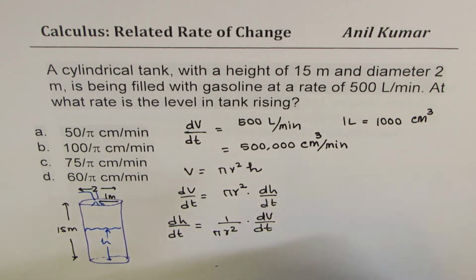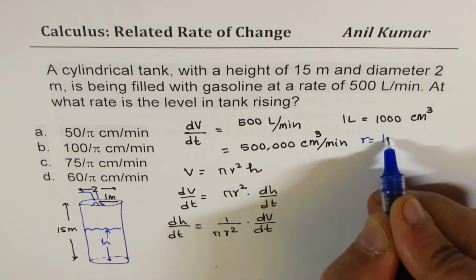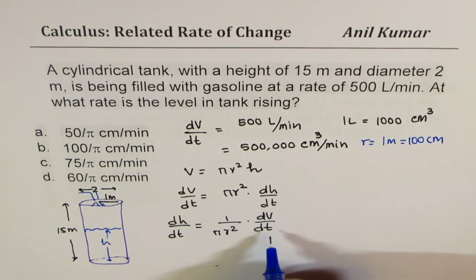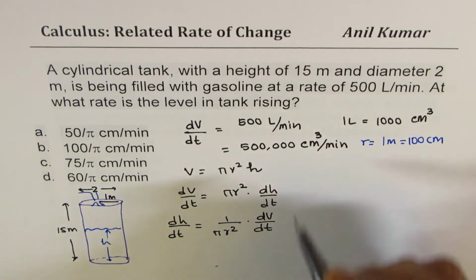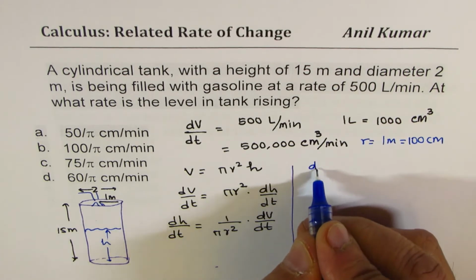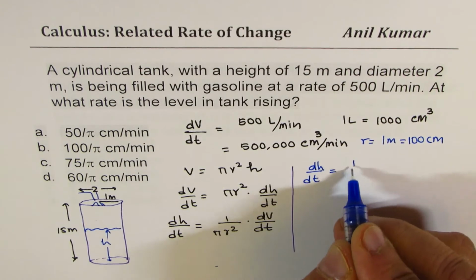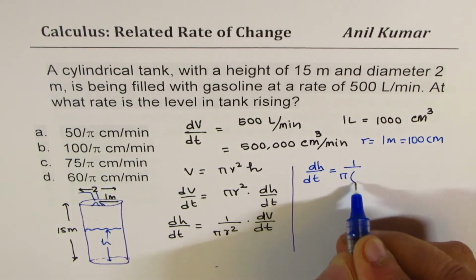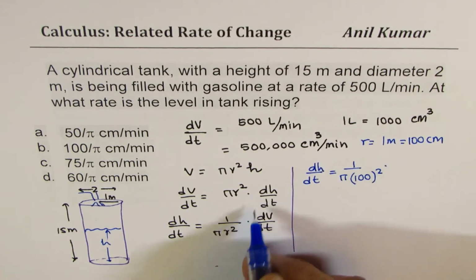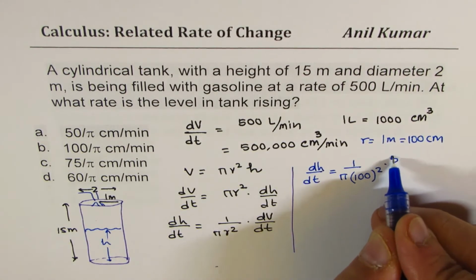So what we have here is dV dt, and the radius is 1 meter, which is 100 centimeters, correct? So we'll substitute this value here and then calculate. So let's do it on this side. So we have dh dt is equal to 1 over pi times r square, which is 100 square, times dV dt, which is 500,000.